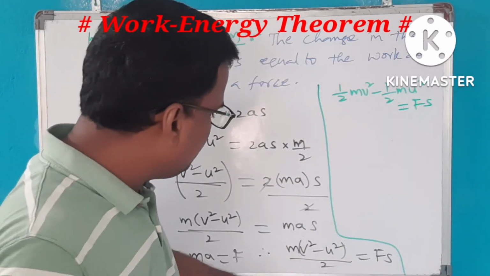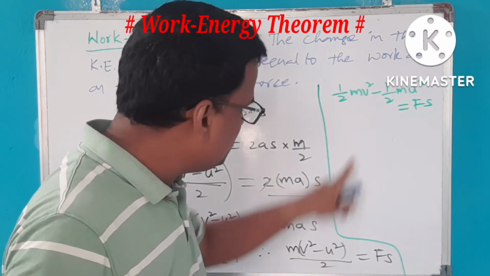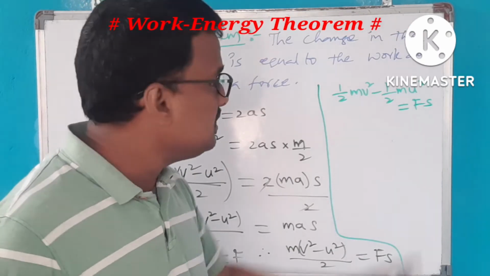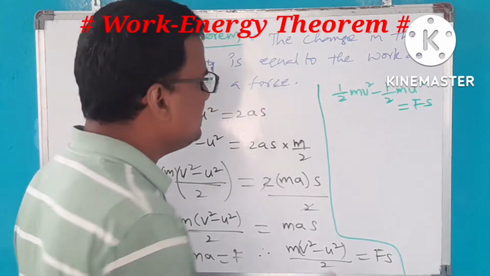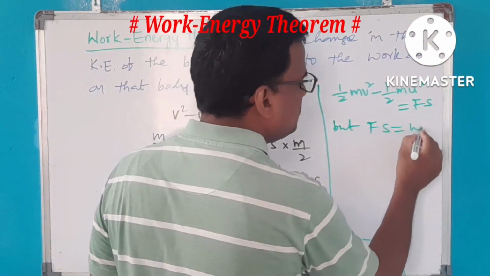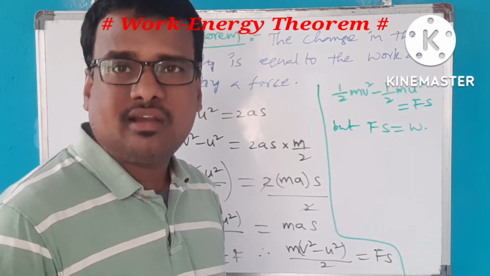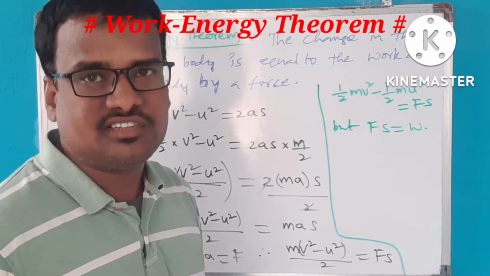We know that the product of force and displacement is equal to the work done, right? So Fs equals work done, and half mv square and half mu square are the expressions for kinetic energy.